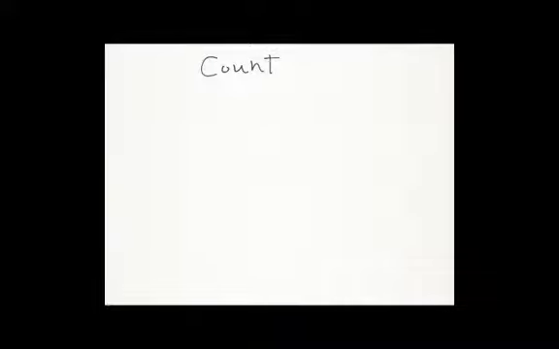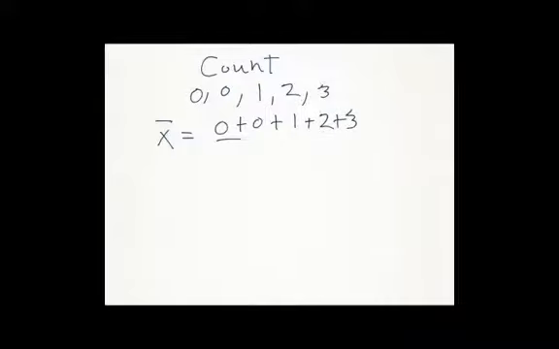If we have 5 people in our data set and 2 people had 0 lesions, one person had 1, one person had 2, and one person had 3, then the mean, which we represent by x bar, would be 0 plus 0 plus 1 plus 2 plus 3 divided by the number of numbers there are, which is 5.